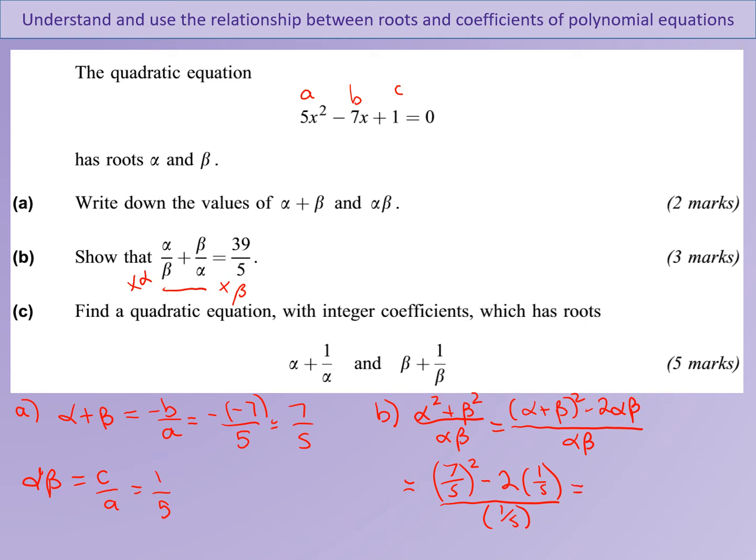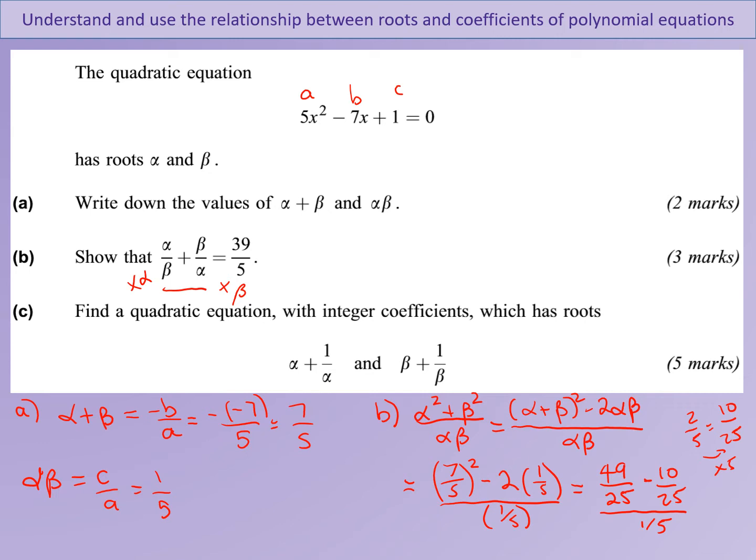And simplifying here then, we've got 49 over 25. 2 times 1/5, well that's 2/5. If I write that over 25 so that I can subtract the numerators, that's times by 5, that would be 10. So that's minus 10 over 25, and then we're dividing by 1/5. Working with that numerator, 49 take away 10, that's 39.